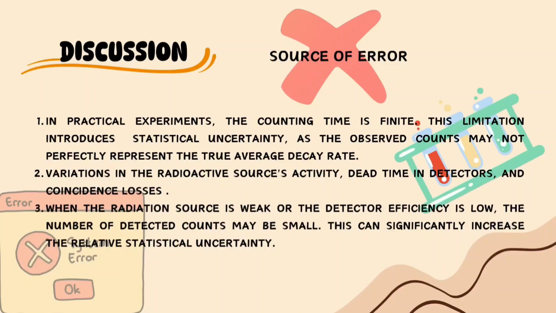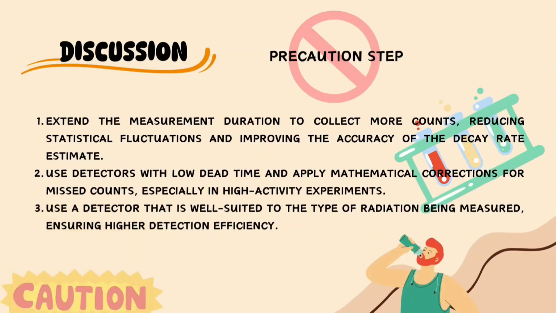Second, variations in the radioactive source activity, dead time in detectors, and coincidence losses. Third, when the radiation source is weak or the detector efficiency is low, the number of detected counts may be small. This can significantly increase the relative statistical uncertainty.